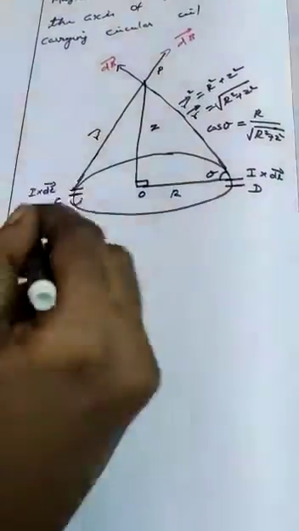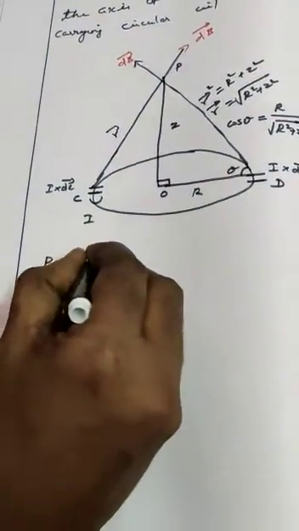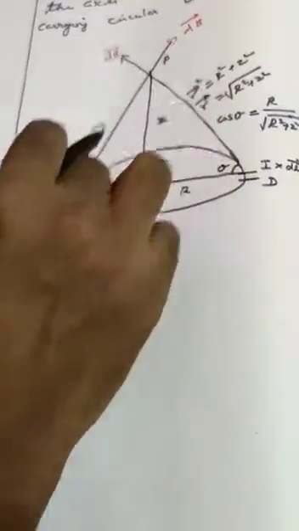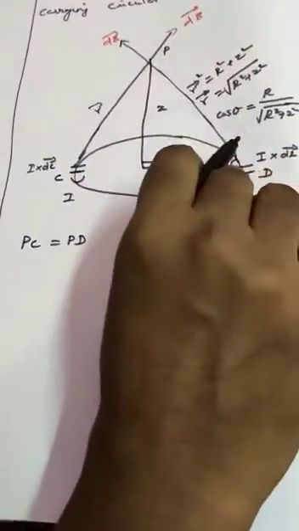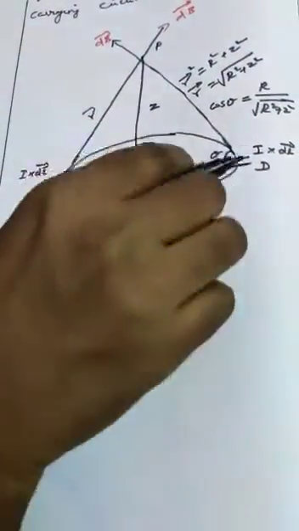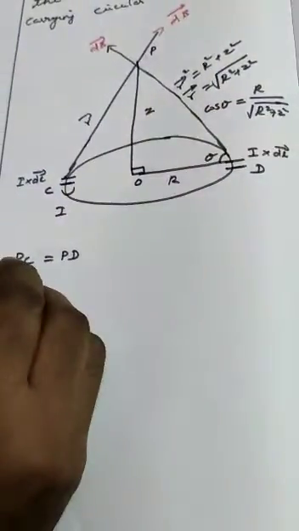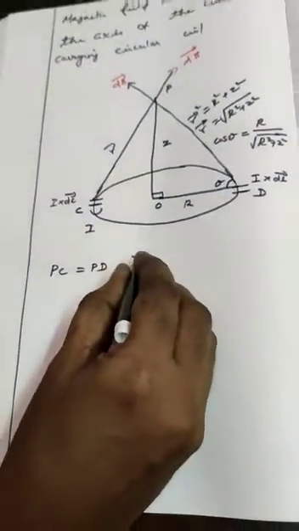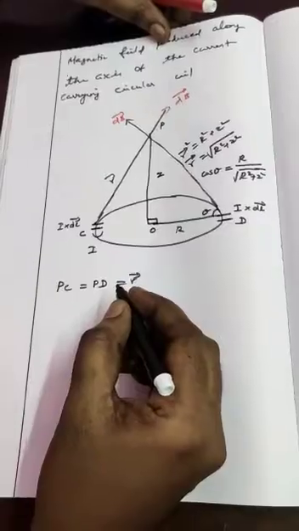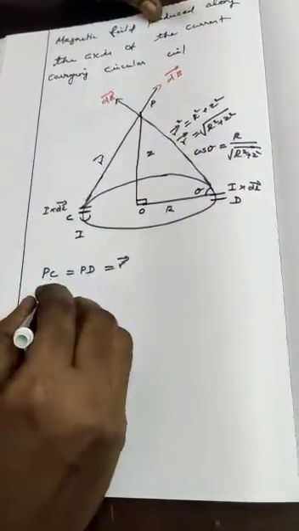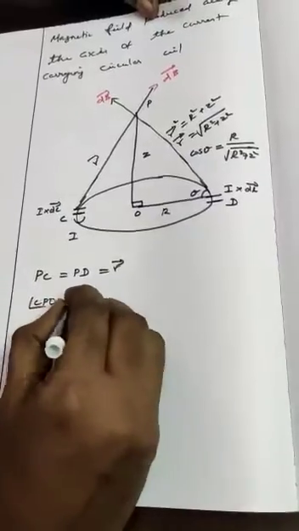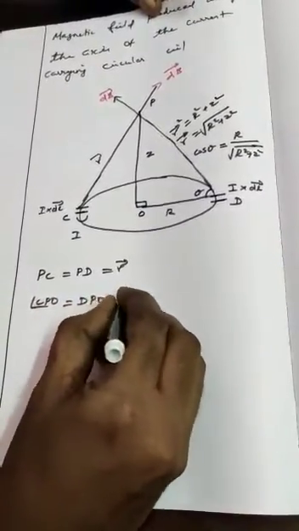And PC is equal to PD, both line joining vectors. Both line elements are at the same distance from the point P. So PC is equal to PD is equal to r vector. And the angles CPO and DPO are going to be theta.